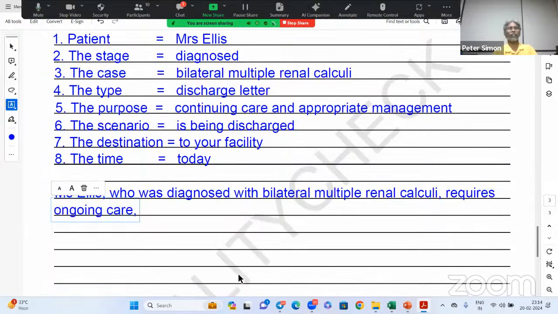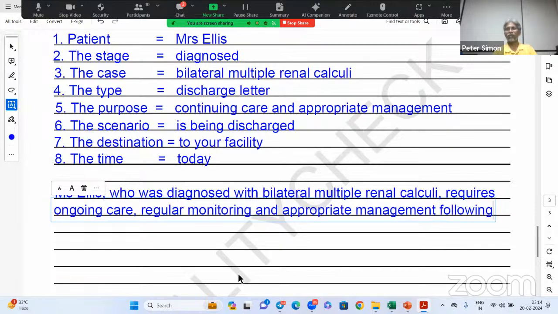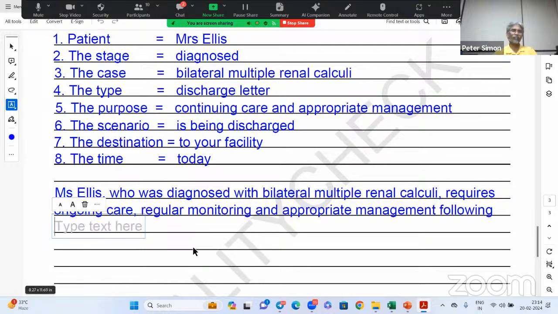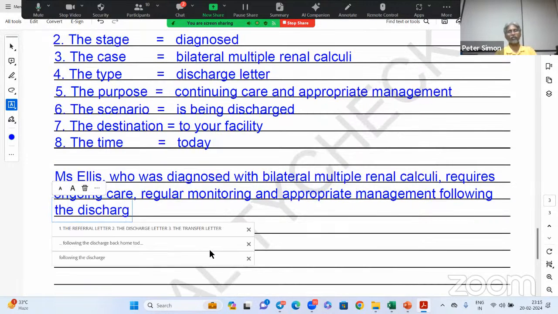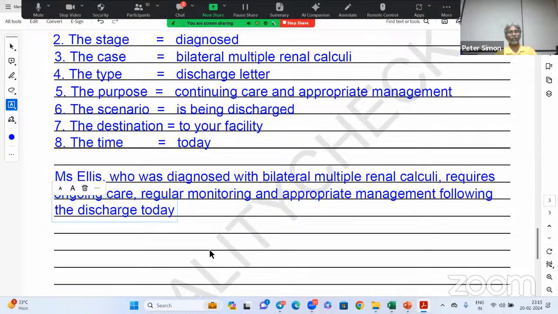Ongoing care, regular monitoring, and appropriate management following the discharge today.